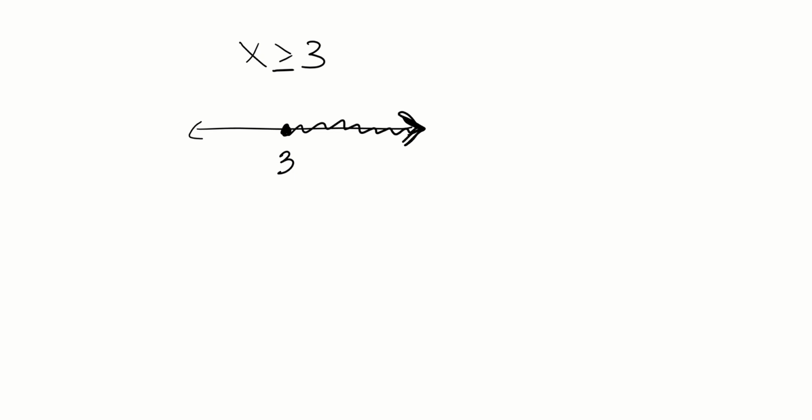Okay, and then on the lower end, we're going to have 3 because that's the smallest we can get. And on the upper end, we still have infinity. Now, because we can never reach infinity, we always are going to have a parentheses there. But since this answer includes 3, because it says x is greater than or equal to 3, we're going to use a bracket.